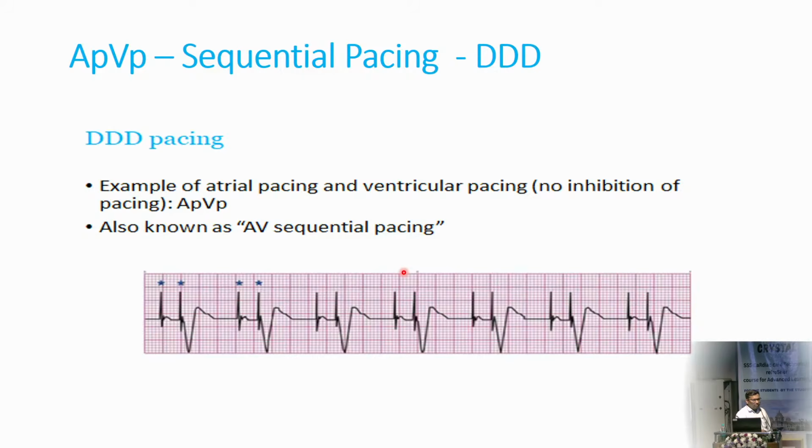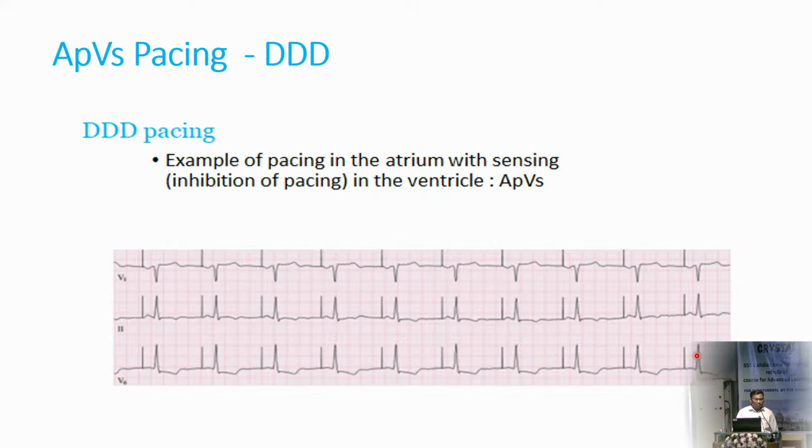For example, if you program the rate at 60 or 70 as a lower rate in the pacemaker, it is going to maintain a fixed base rate, and the A pace creates the first spike, which creates a P wave, and the second spike creates a QRS. So P and QRS will be produced by the pacemaker.